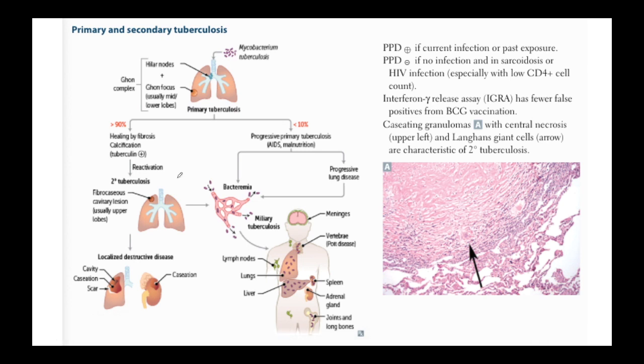So if it's healed from primary tuberculosis, so we're not talking about anything down here, just at this level, and has the two components, both the hilar nodes and the Ghon focus, that's when you call it Ranke's complex, because it's a complex.